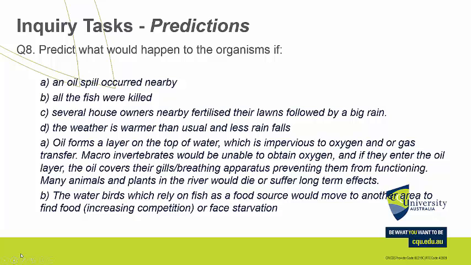We asked you to predict what would happen if all of these several things happen. And again, the main reason why we do this is not only because it's interesting to know, but because we really want you to be able to add these sorts of inquiry tasks, these user-generated questions, and throw them into your curriculum mix.